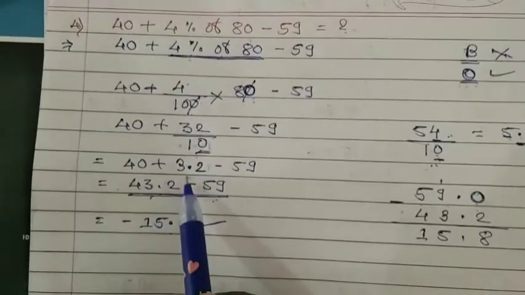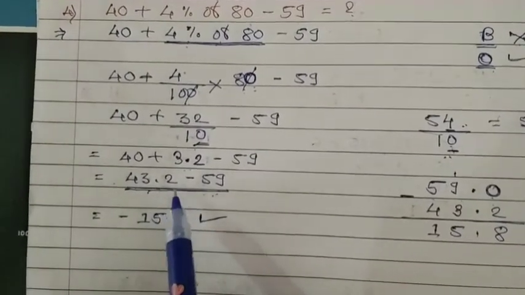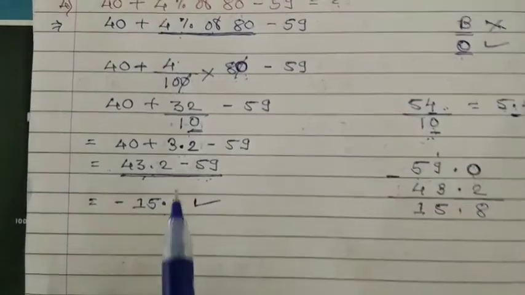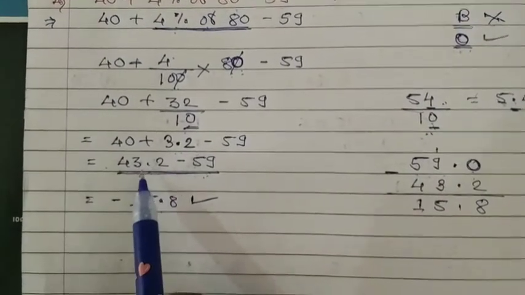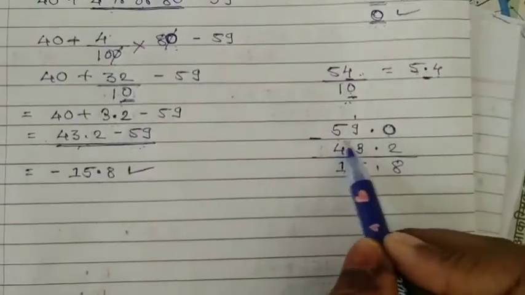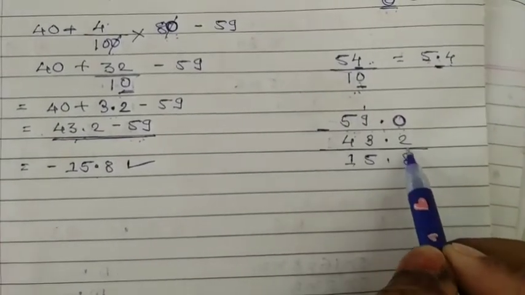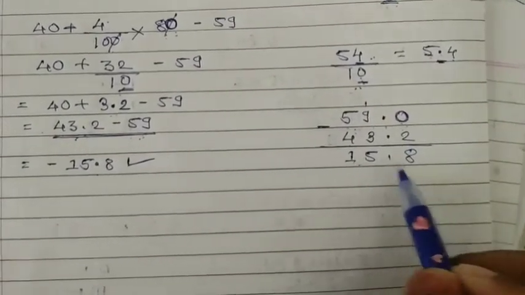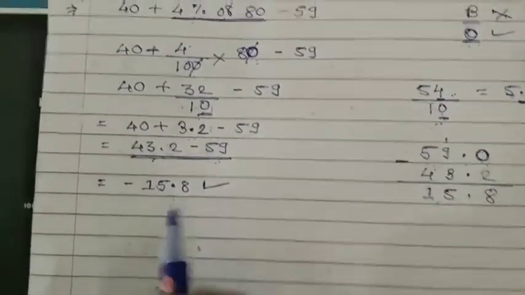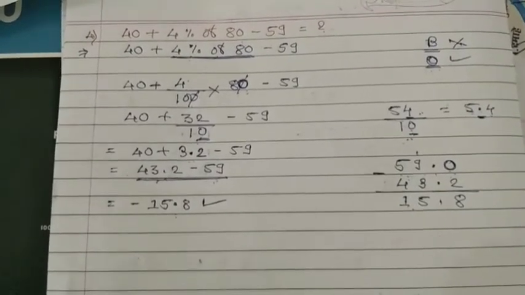So how much? 3.2. 40 plus 3.2 is 43.2, minus 59. Okay, student, 59.0 minus 43.2, how much? 15.8. So minus 15.8 is our answer. Okay, do you understand?